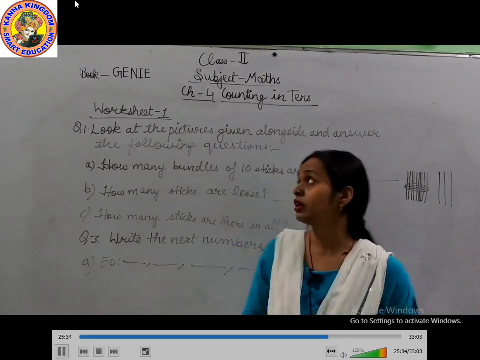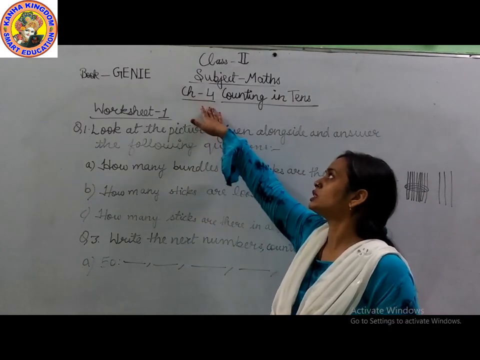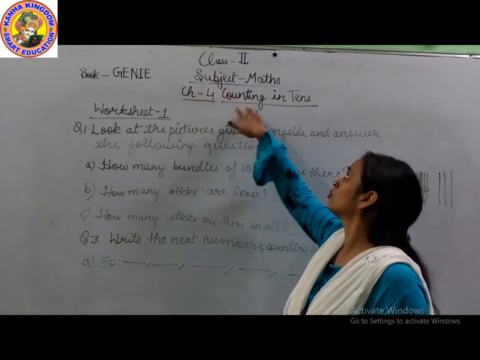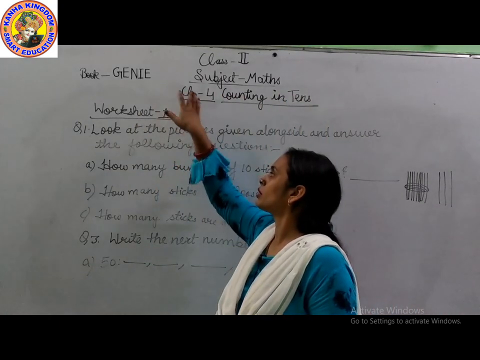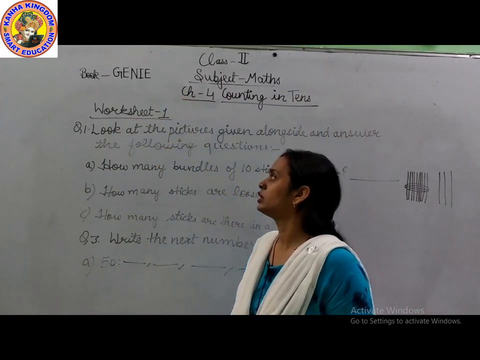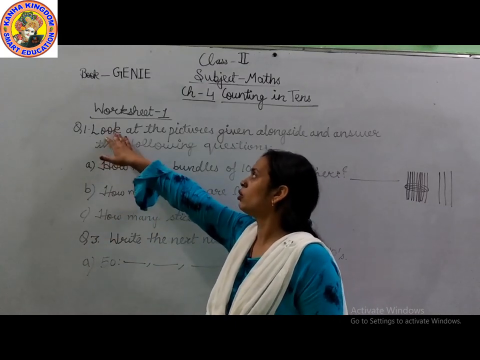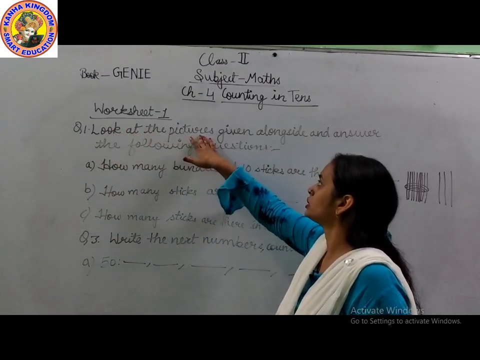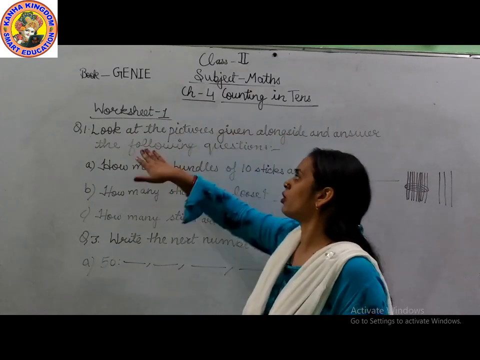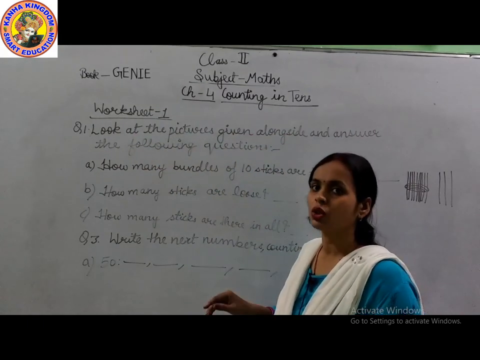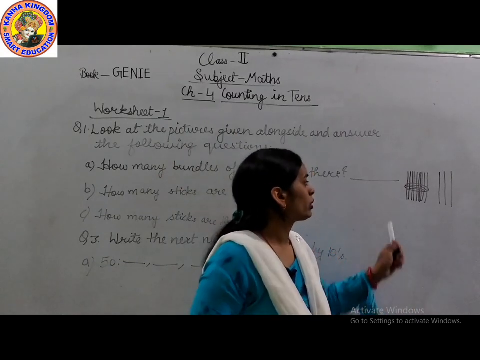Now we start our new chapter of Genie book, chapter 4, counting in tens. Okay. So in chapter 4, our worksheet 1, question number 1 is look at the pictures given alongside and answer the following questions. So first look at the pictures.